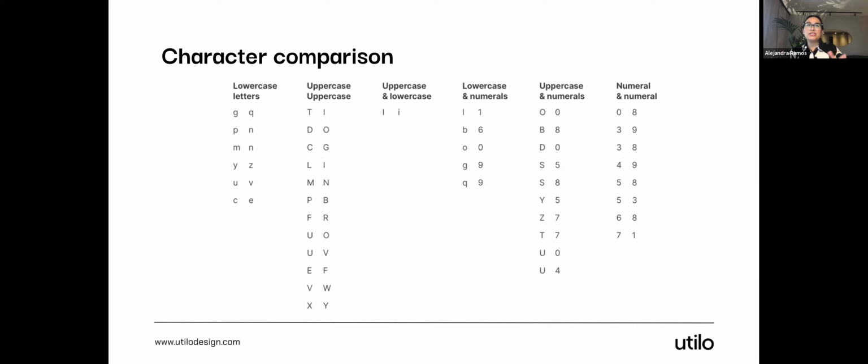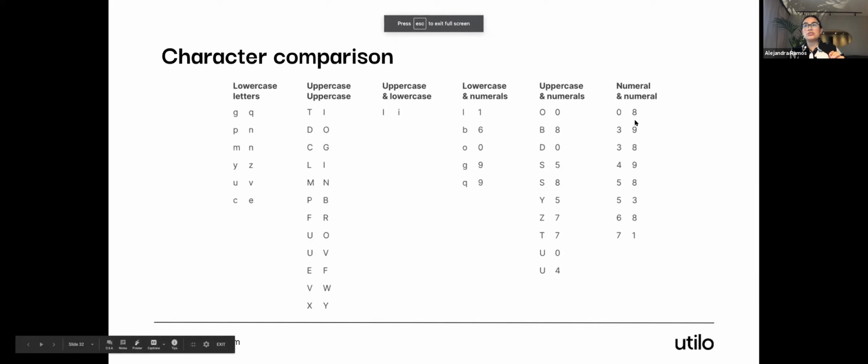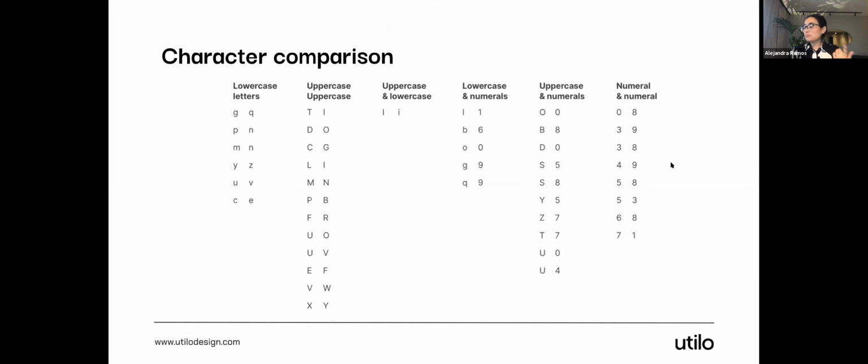In this one particularly, which is Inter, we might have some problems with numerals because, as you can see, 3 and 8 are quite similar, and 6 and 8. So if you are designing packaging for medicine, you really have to check these numerals, for example, that they are not confused with an O for dosages.